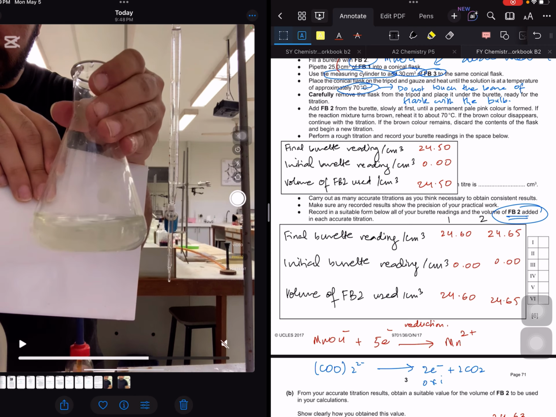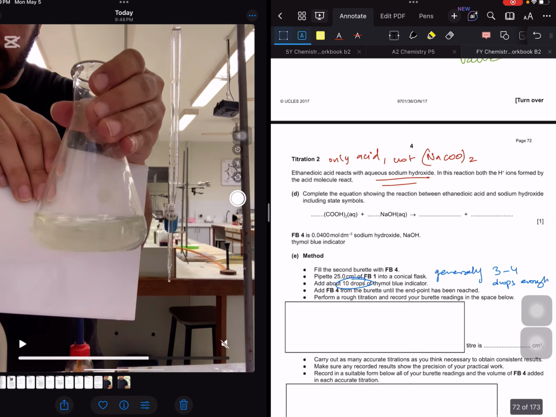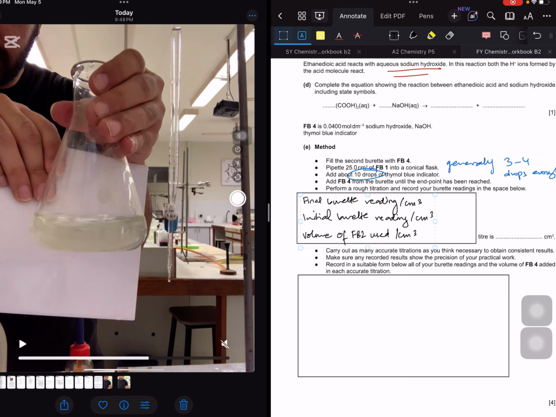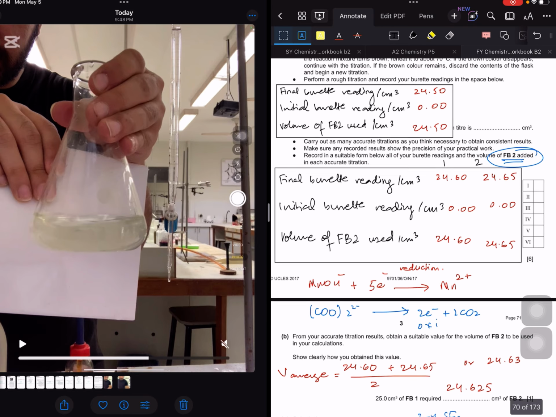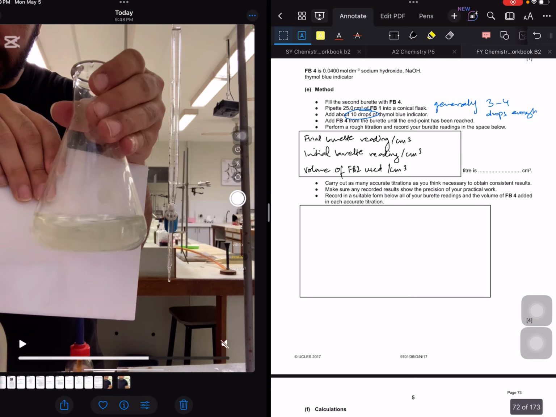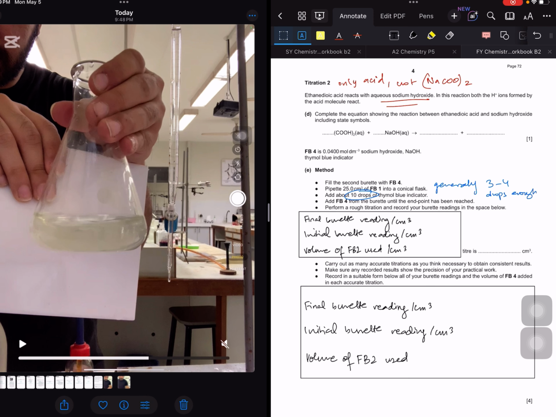So I'm going to copy this and place it here. In a very similar way, I'm going to copy this whole thing and place it over here. So this is my first accurate titration.